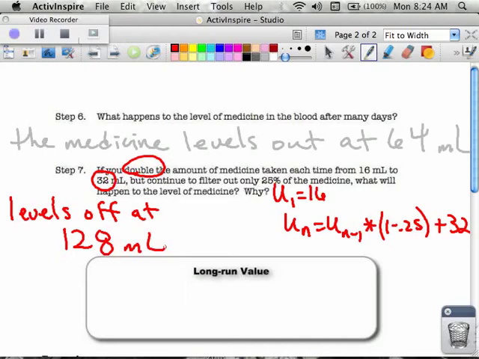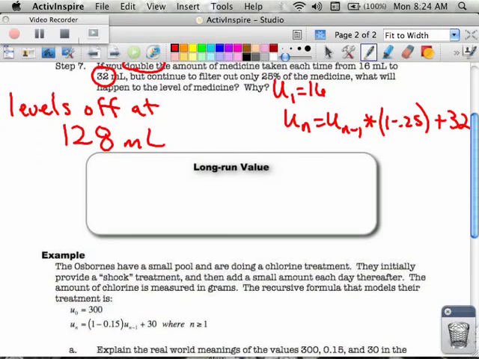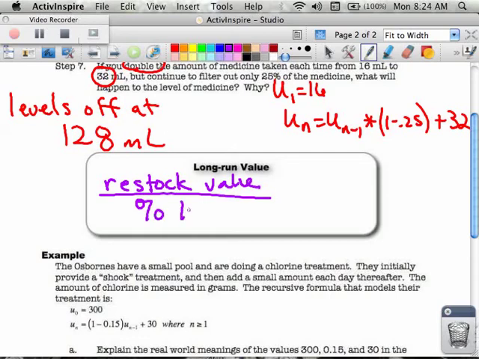Questions about any of that stuff? There's actually a formulaic way to get this answer without even going into your calculator. It works like this. If you take what they call the restock value and you divide that by the percent that was lost, you will find your long-term value, otherwise known as your limit.